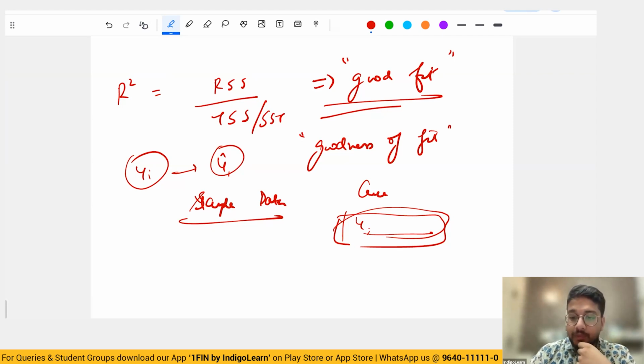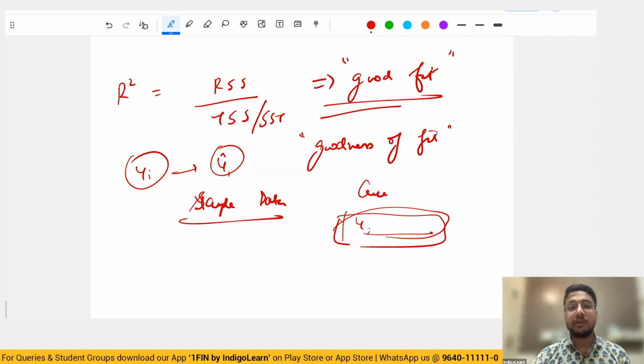That problem is that if you're using R square, and since we are using a multiple regression model, if we are increasing the number of variables in the multiple regression, the number of variables is definitely going to be high.